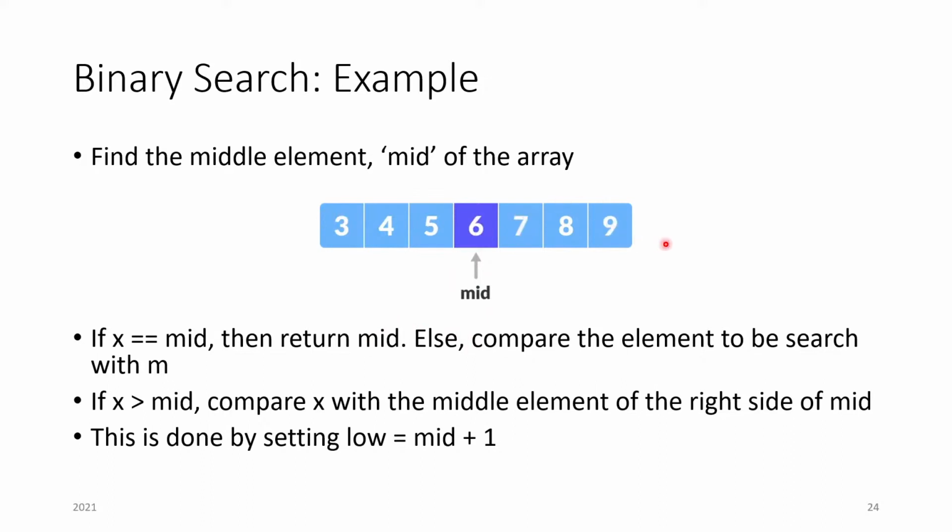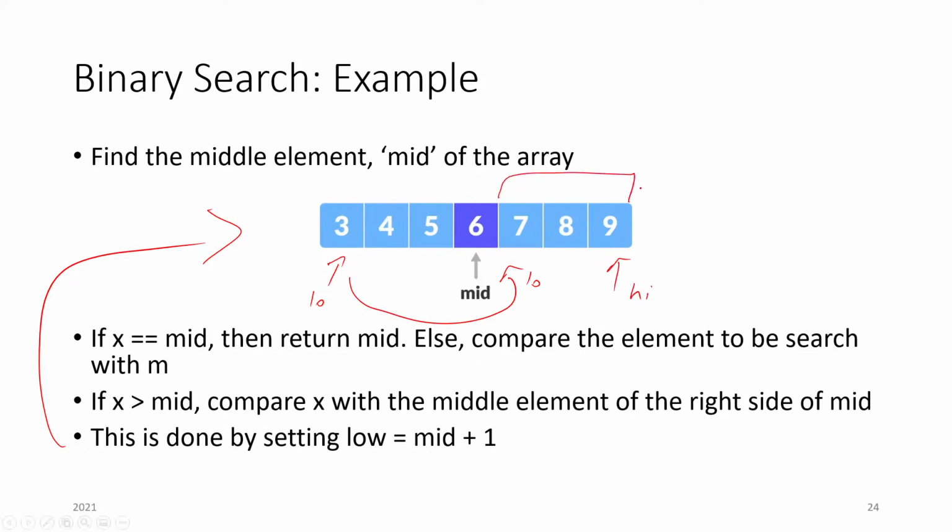I'm going to annotate a little bit. The original low was here, but this is going to move to here instead. And this pointer will still remain high. So we'll only be searching here accordingly.